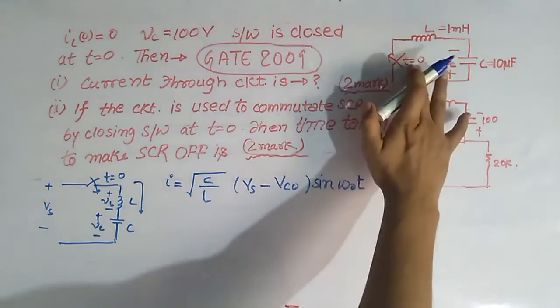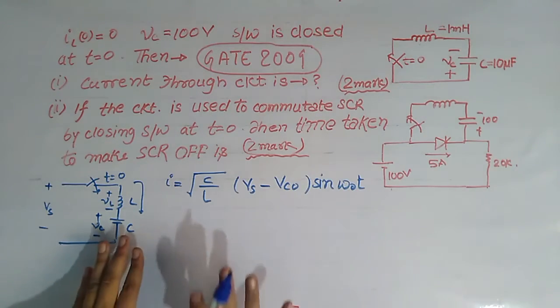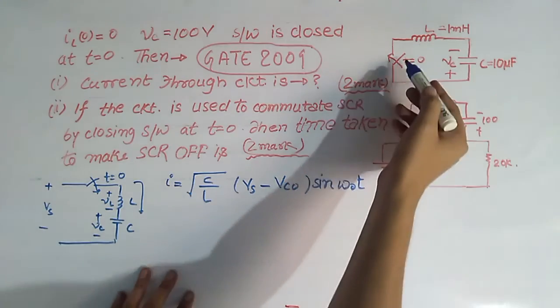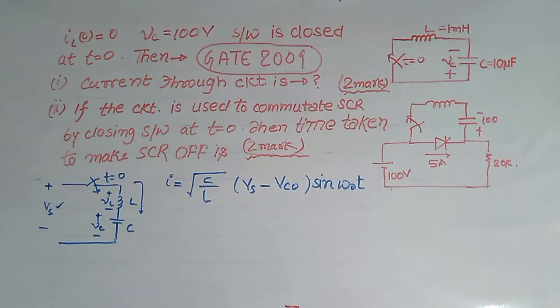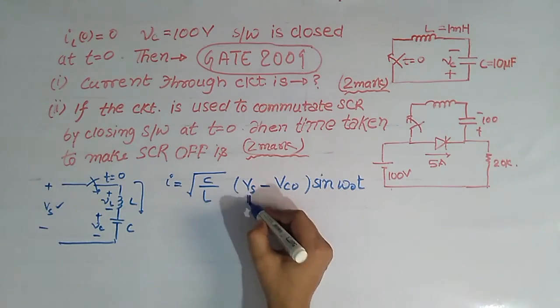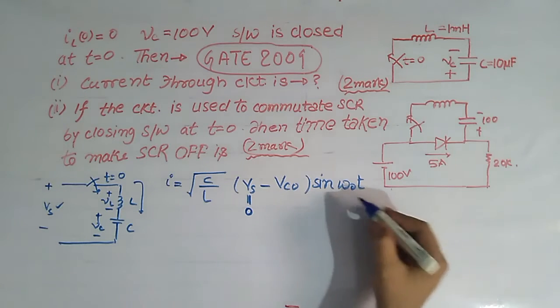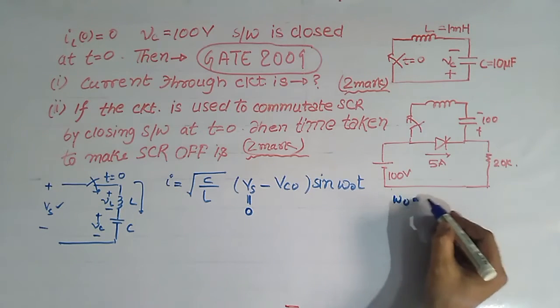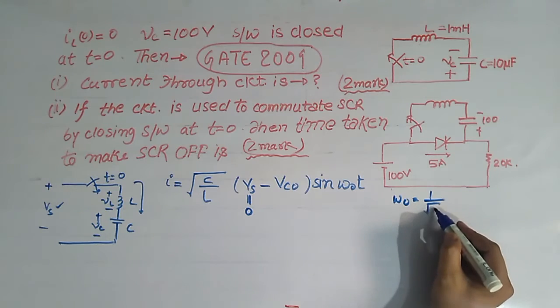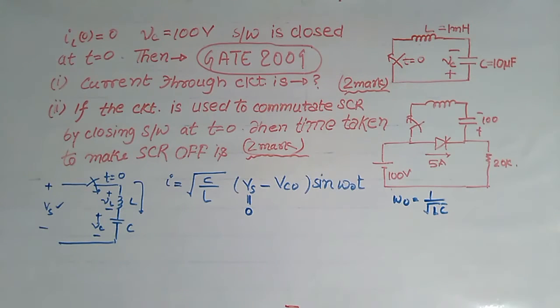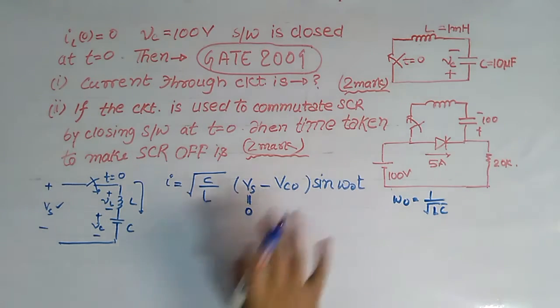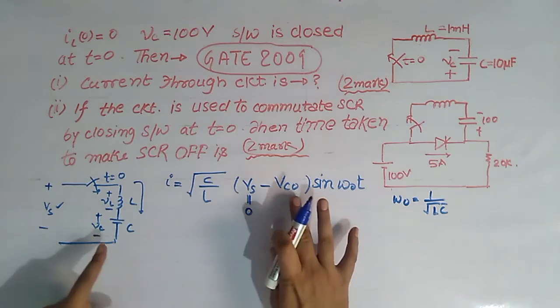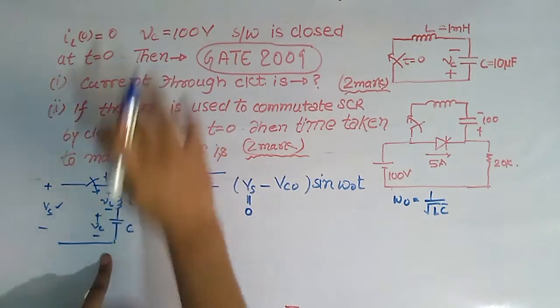Now for this circuit we clearly see that this source voltage Vs equals 0. And what is omega naught? This omega naught is equal to 1 by root LC. And what is VCO? Here the voltage across the capacitor is given as 100 volt.